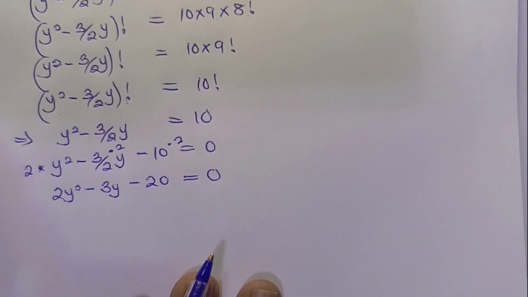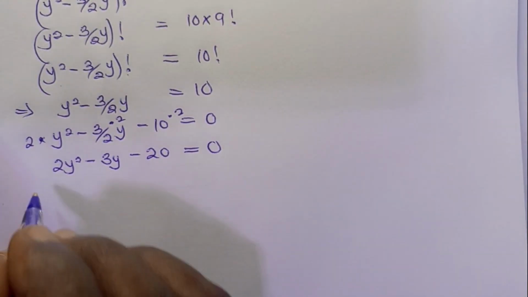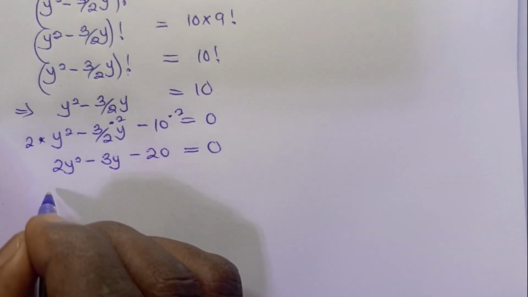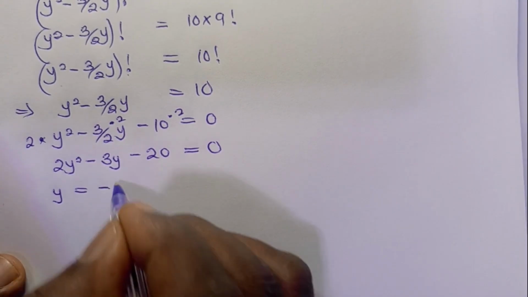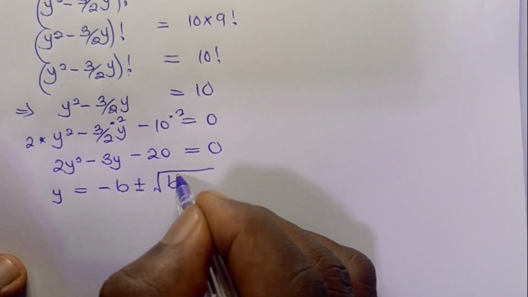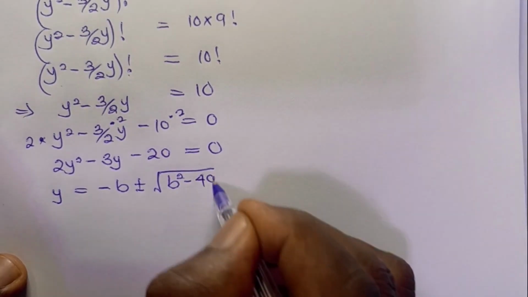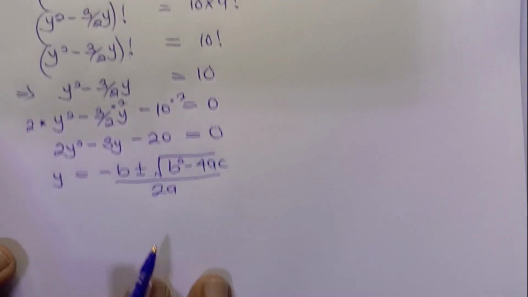We now have a quadratic equation, right? So we apply the general solution formula for quadratics, and that is going to give us y equals −b plus or minus the square root of b² − 4ac, all over 2a.